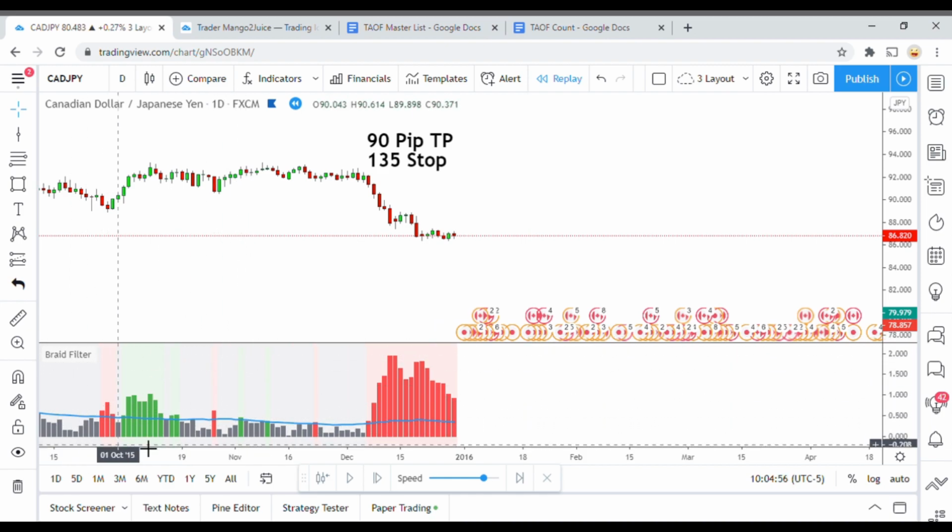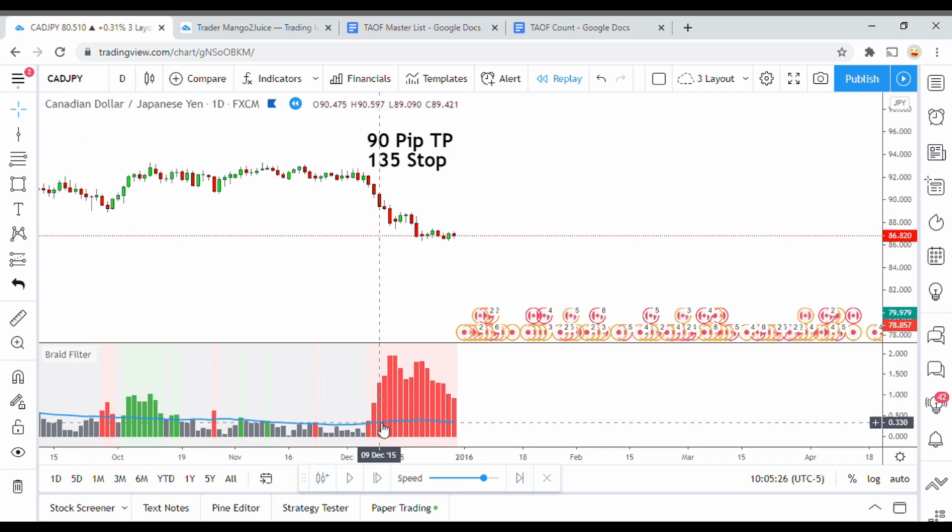As you can see, it is similar to the Waddah Attar Explosion indicator in the look of it, and so it has these bars here. I don't know if I would call them histogram bars, but basically they're momentum bars or volume bars.